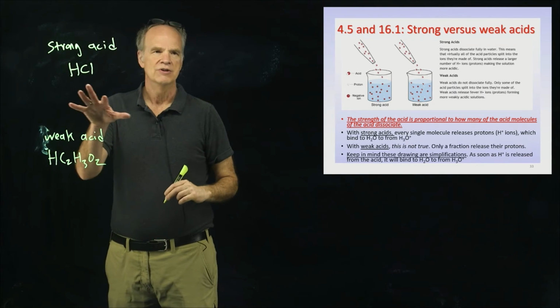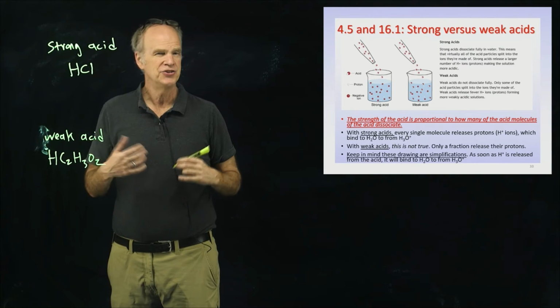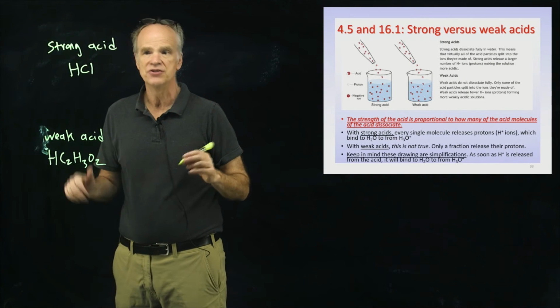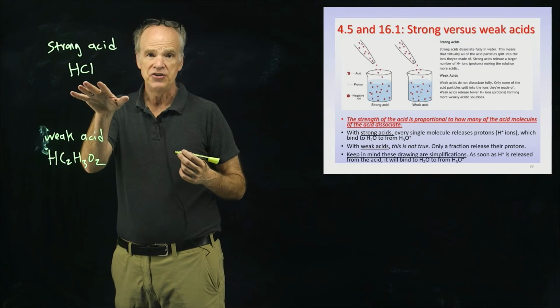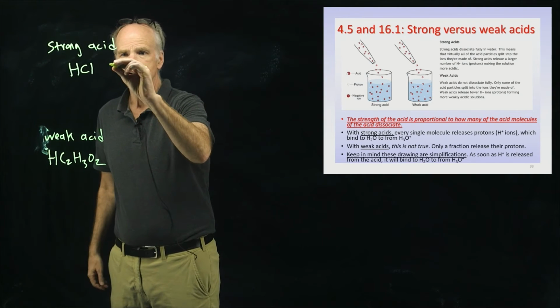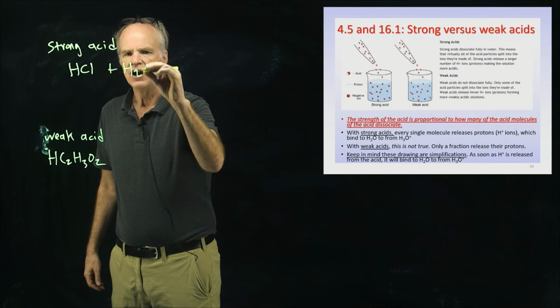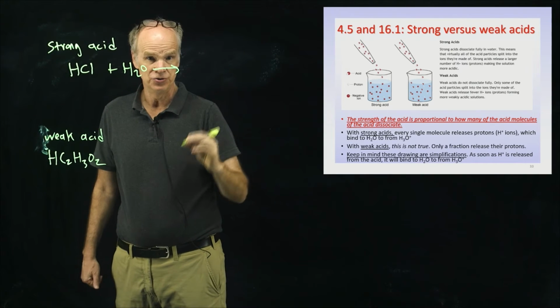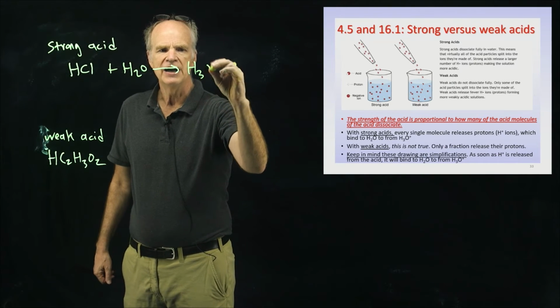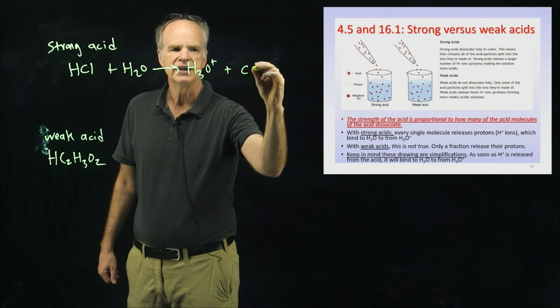Okay, so how do we write the equation for the strong acid? You already know how to do it. Imagine that you have a lot of these HCl molecules going into water, and each of them will react with water, and then they will produce hydronium ions and chloride ions.